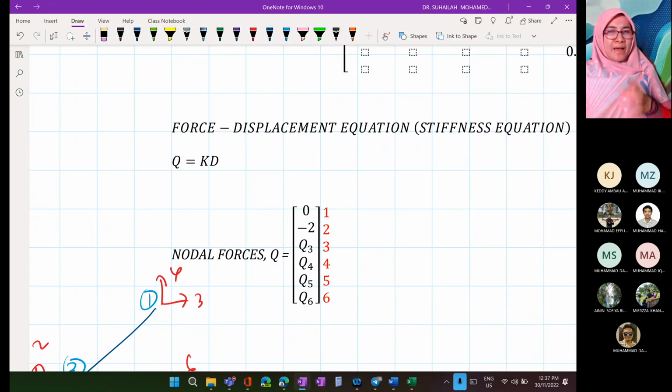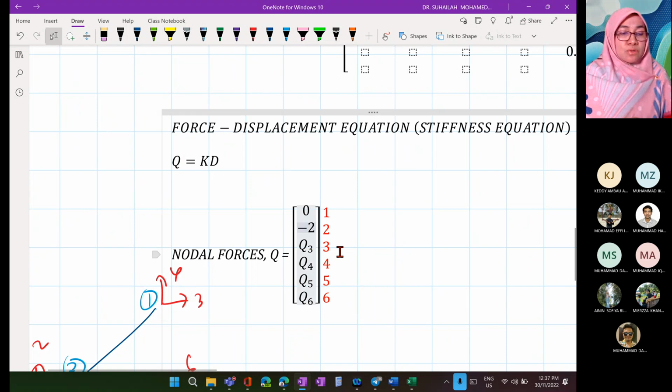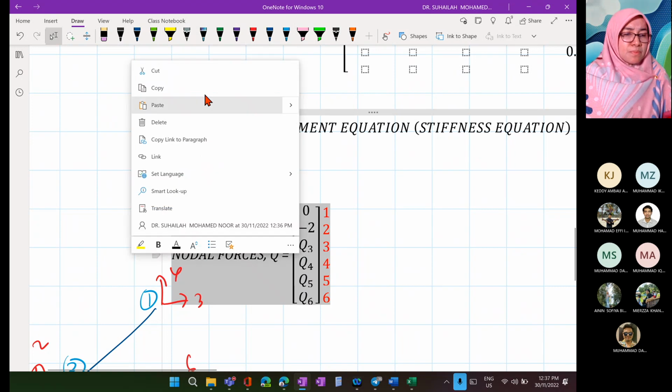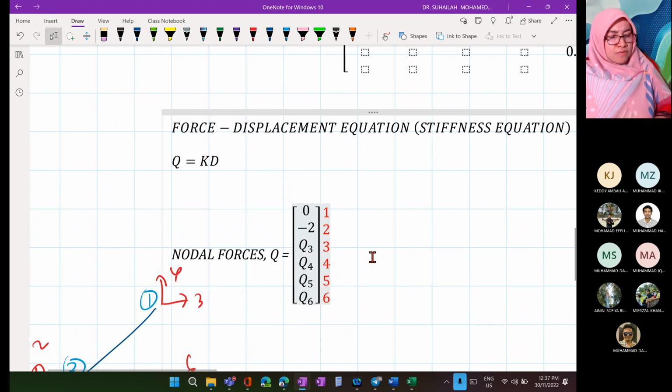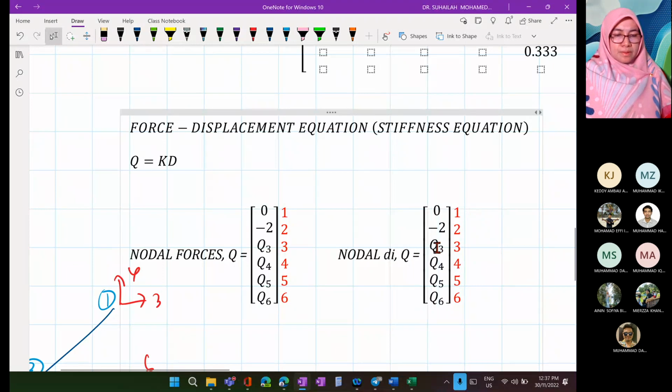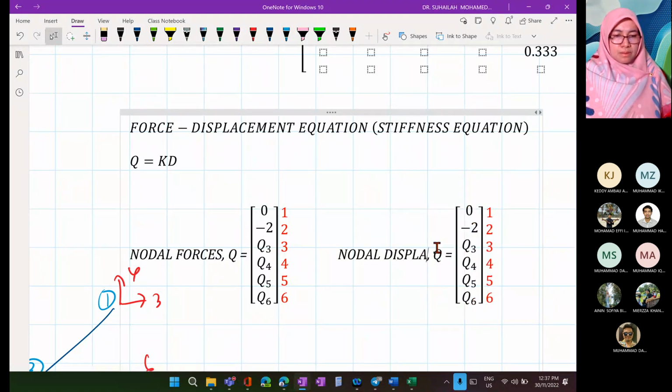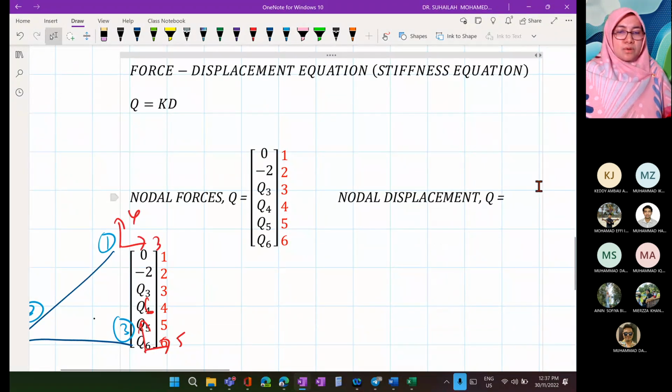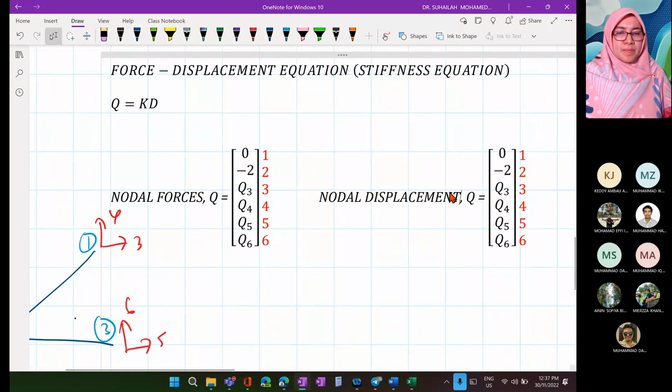We also have D, and D also must be written in matrix form. Another one is nodal displacement.